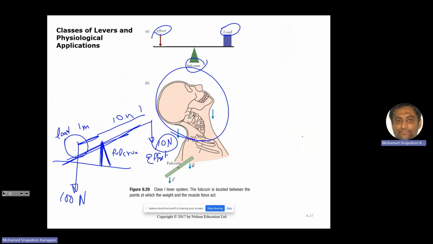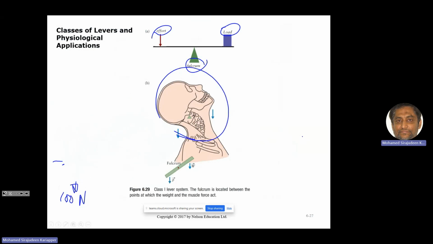Our skull is a class 1 lever. Let me show it. So this is the skull. You know the whole skull is supported by, what is the name?